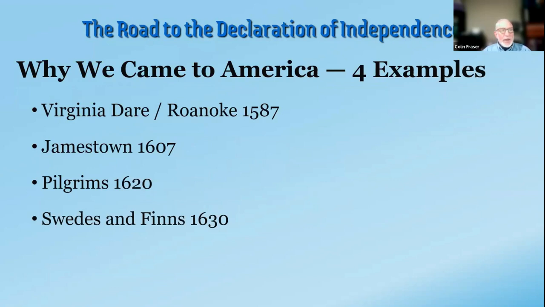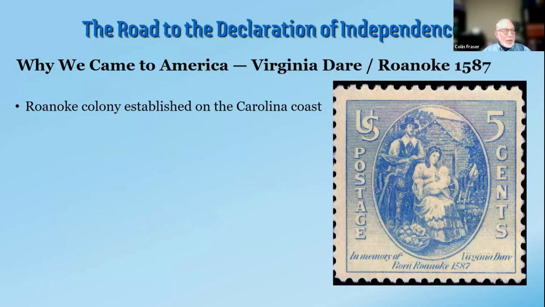Talk a bit about Virginia Dare and the Roanoke colony, Jamestown in 1607. Pilgrims landed 15 years later, and another 10 years Swedes and Finns celebrated. But first, Roanoke colony was established on the Carolina coast. And this was really the first colonization effort that was focused on imperialism, the establishment of a colony.